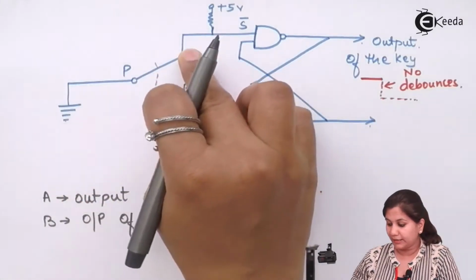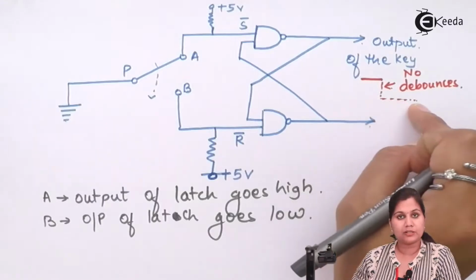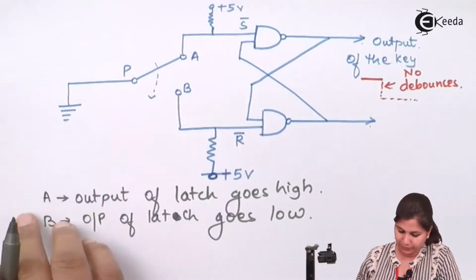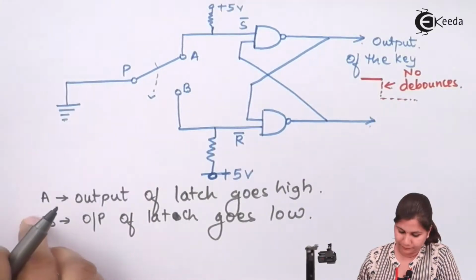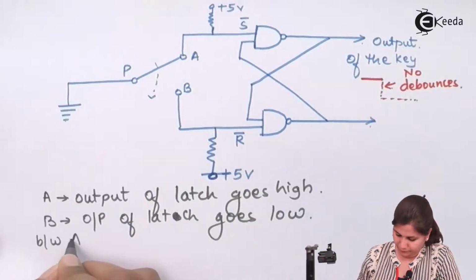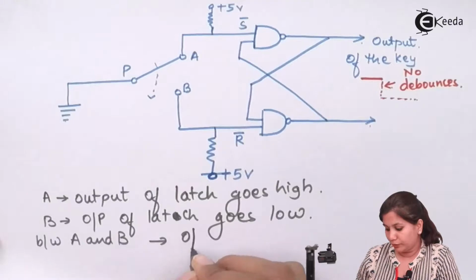So when it is at A, output is high. When it is at B, the output is low. Okay. Now when this switch is between A and B, the output is not going to fluctuate.